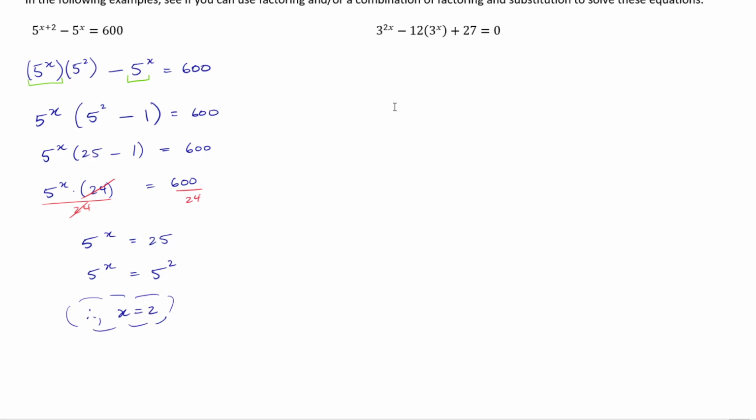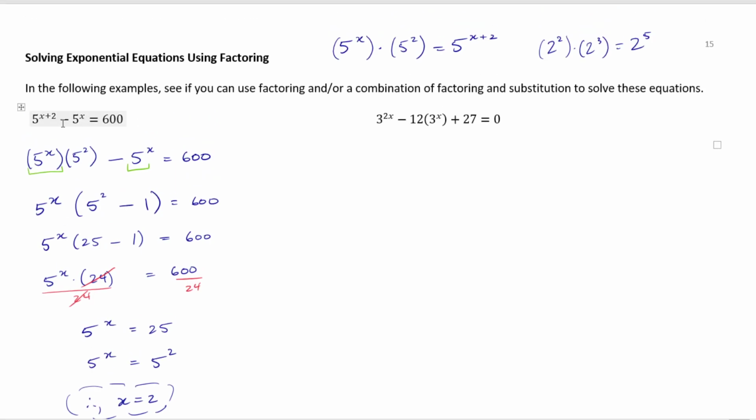Okay, so to review this question, I started off by recognizing that 5 to the power of x plus 2 is the same thing as saying 5 to the power of x times 5 to the power of 2, because I'm taking advantage of my exponent laws. If you have the same base and you are multiplying the numbers together, you would add the exponents.